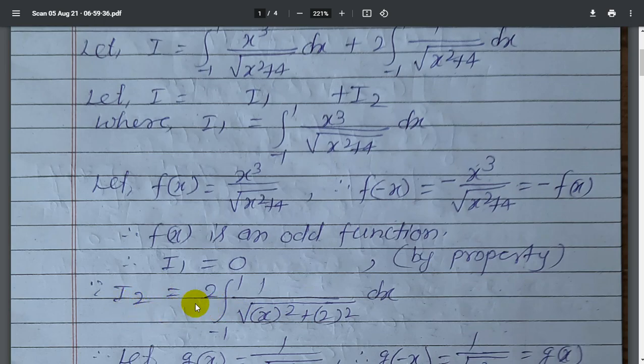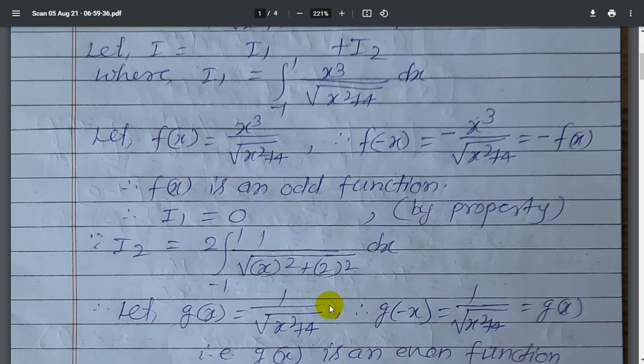Since I2 means this integral, so I2 equals twice integral of minus 1 to 1 upon square root of x square plus 2 square into dx. So this is 1 upon root x square plus 2 square dx. So you can apply the formula directly here. Otherwise, you should consider let g of x equal to 1 upon square root of x square plus 4.